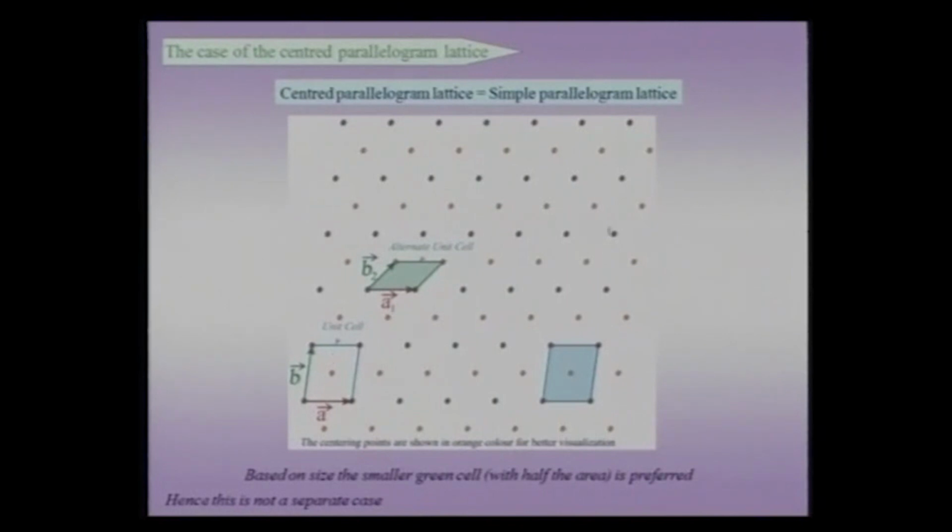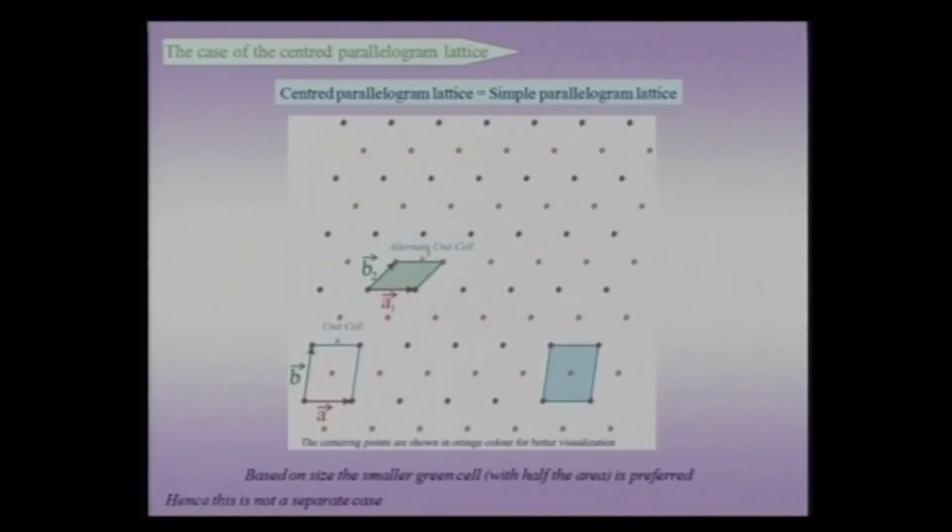And now I have this infinite lattice. Of course, a portion of it is shown here in this slide. If you notice this a little more carefully, I can actually now define two alternate basis vectors, this red vector A1 and this alternate green vector B2, which can now go on to generate this new kind of centered parallelogram lattice.